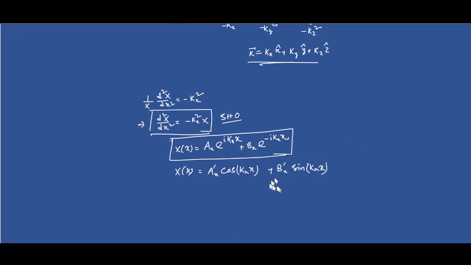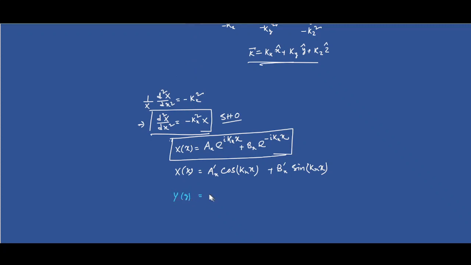We have to use boundary conditions to find kx, and let me solve for the others. We are going to get similar expressions for y and z. Let me write here.